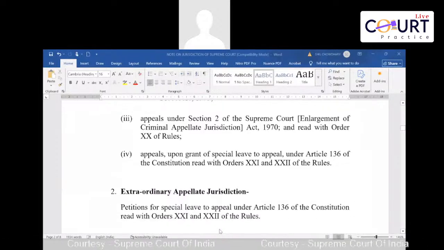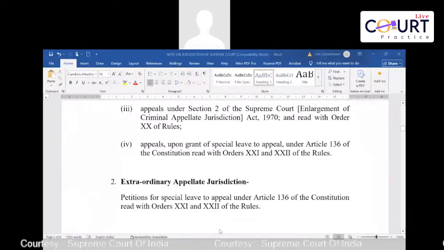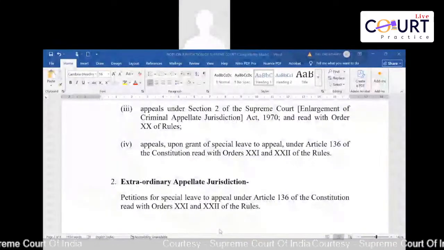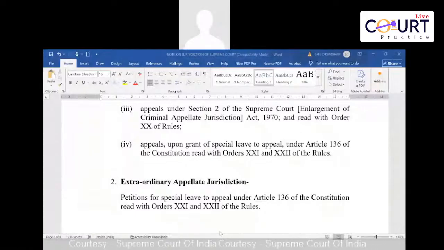Now let us see what is the extraordinary appellate jurisdiction. This is the bread and butter and favorite of every lawyer. That is a petition under Article 136 of the Constitution, and the relevant orders are Order 21 and Order 22. As we all know, any order of any tribunal, any court or High Court can be challenged under Article 136.